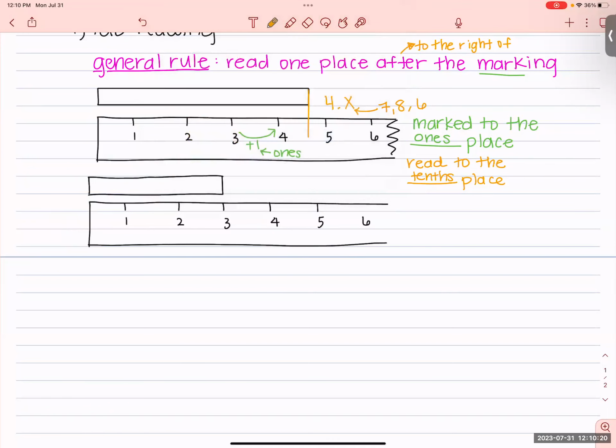Now, if I think this is right in line with 3, the correct reading would not be 3 because the last number we say is the number we're guessing. I'm not guessing the 3. It's marked on the 3. I'm guessing what comes after the 3. So even if it's right on a line, we have to say 3 point what?